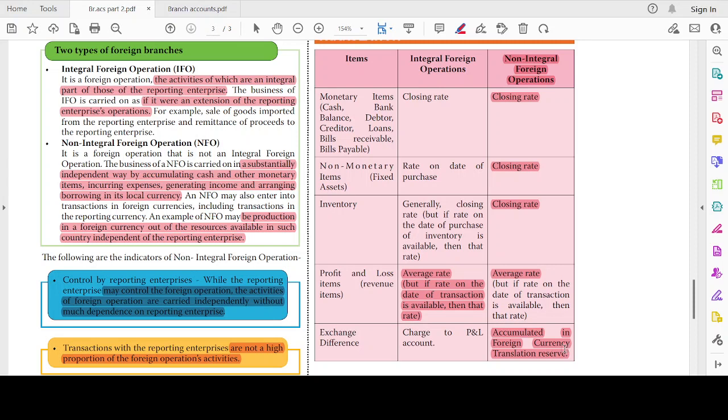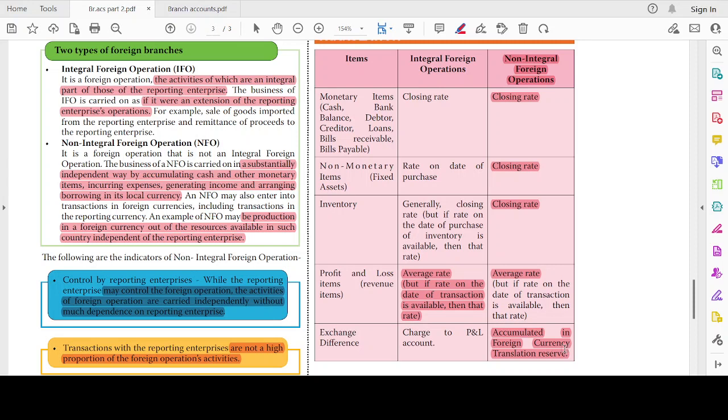That's why we are keeping it separately and not charging it to the current year profit and loss account. I hope this is understood. For a non-integral operation, everything will be at closing rate. Don't think anything, just apply closing rate blindly. For revenue items, P&L items, it will be average rate, and the exchange difference will be kept in an account named the translation reserve account.